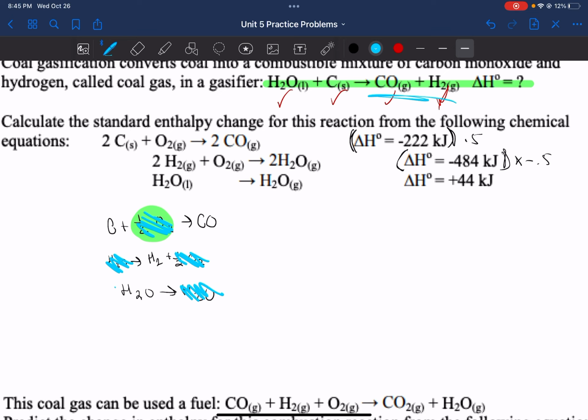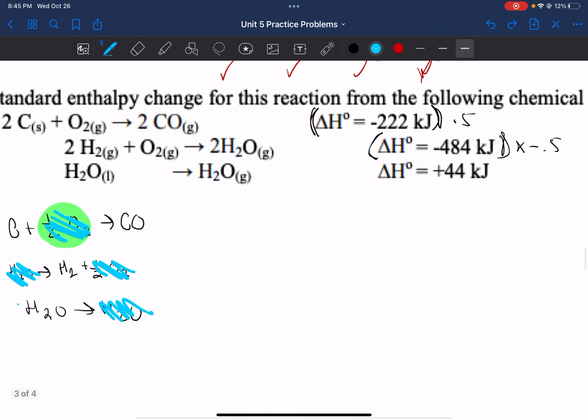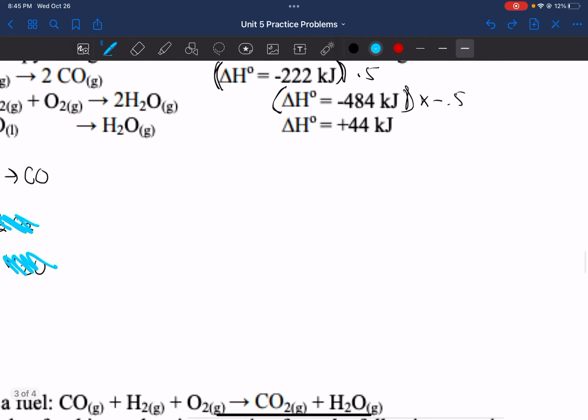So since we got all that, our new values would be enthalpy equals -111 kilojoules. Second one would be multiplying that and making it positive. So it would be positive 242 because you're halving it.